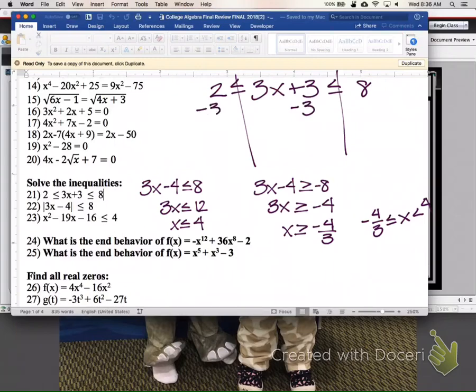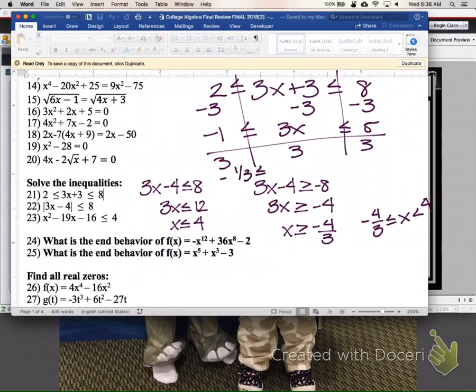So you have to subtract 3 from all three parts. And then when you're still solving for x, you're going to divide everything by 3. So my final answer there would be negative 1/3 less than x less than 5/3. So x is between negative 1/3 and 5/3.